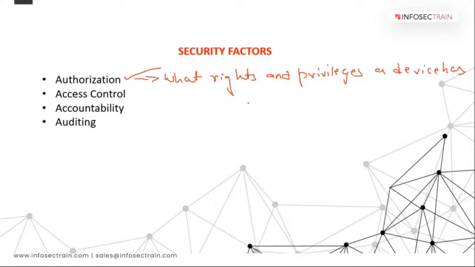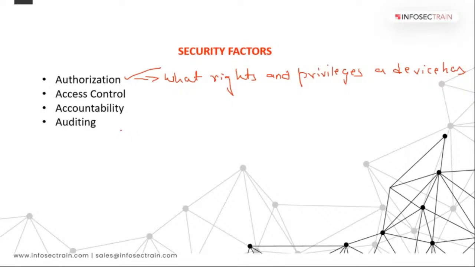If you are working in an organization, you don't have all the passwords, you cannot go inside the server room, and you cannot access the server directly. They have given you certain rights and privileges: if you are a developer, you can only use the web server; if you are a network administrator, then you can use the main server, which gives all the controls to everyone.